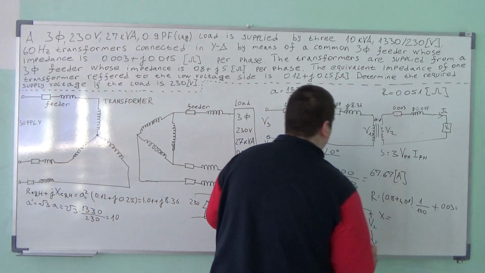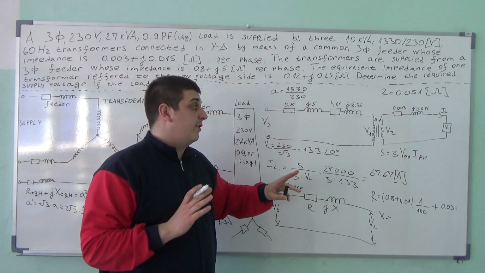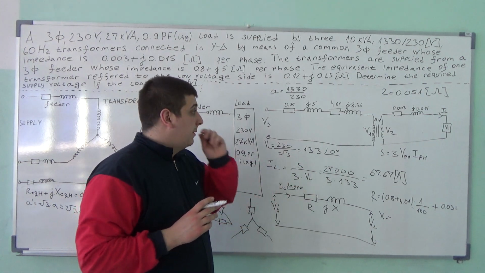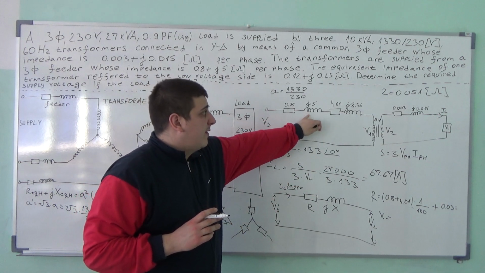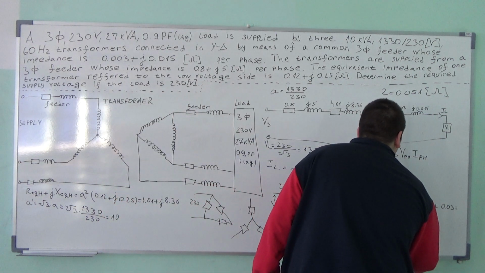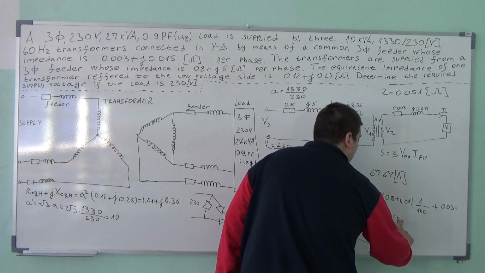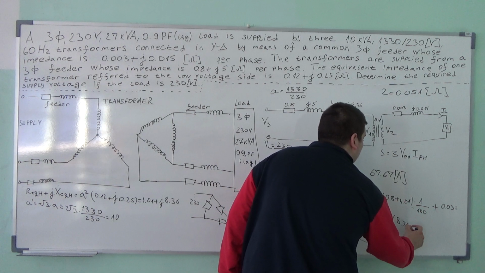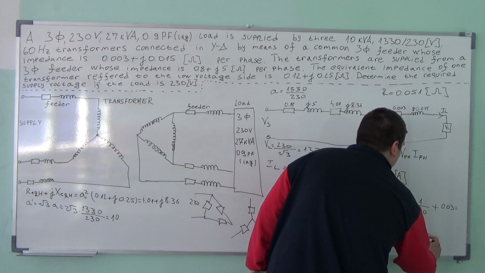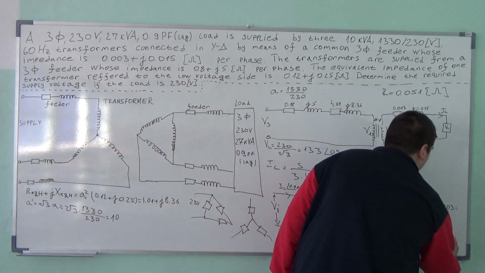X is equal to, we only have the reactance, we don't need to put a J, we'll do it later. So we add 5 and 8.36, divided by A squared, plus this impedance over here.